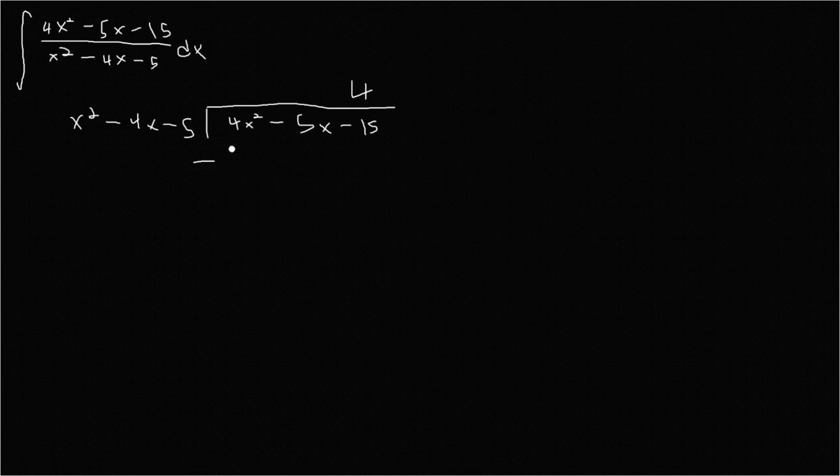So we have now 4x squared. We already know that this should cancel. And so now we're going to say negative 4x times 4, which is going to be negative 16x. And then negative 5 times positive 4 is negative 20.